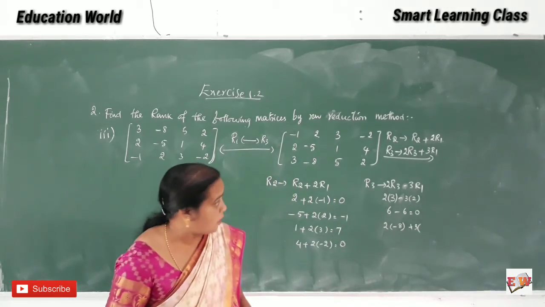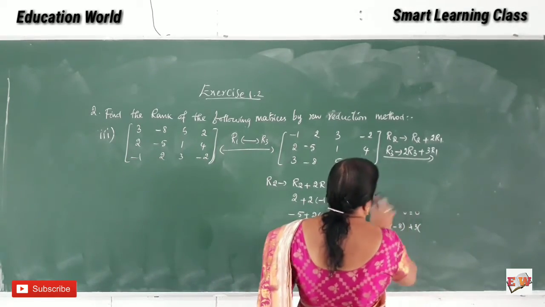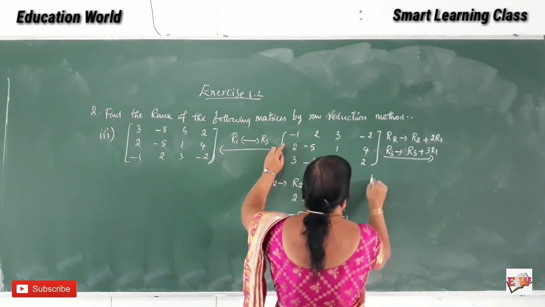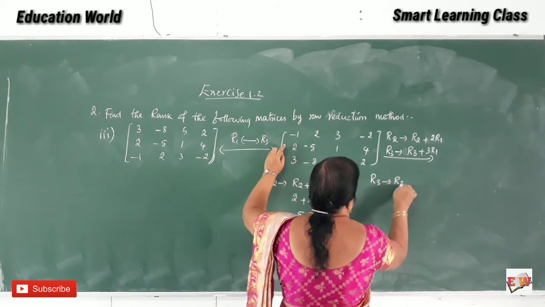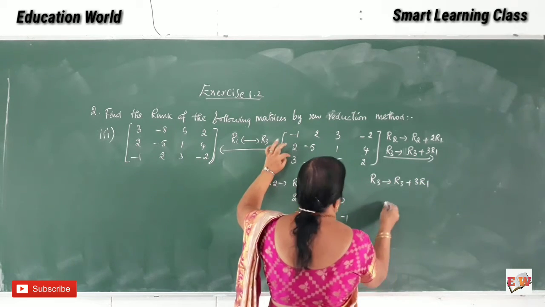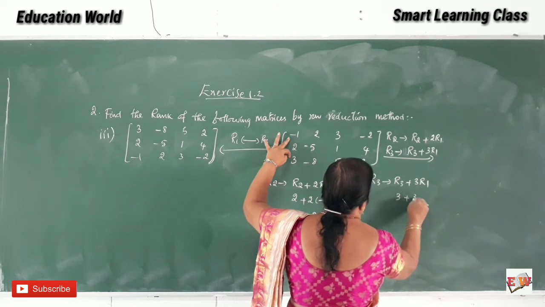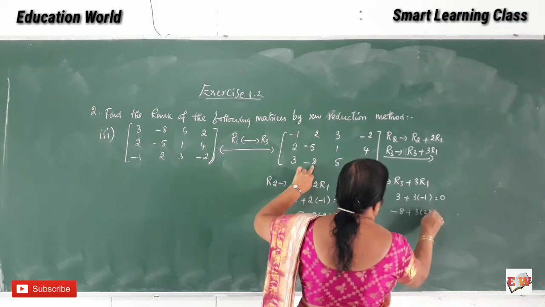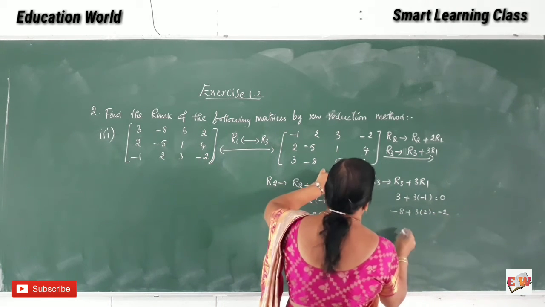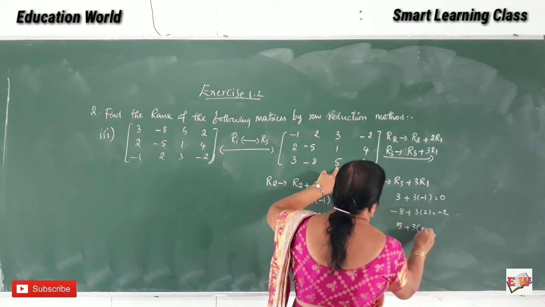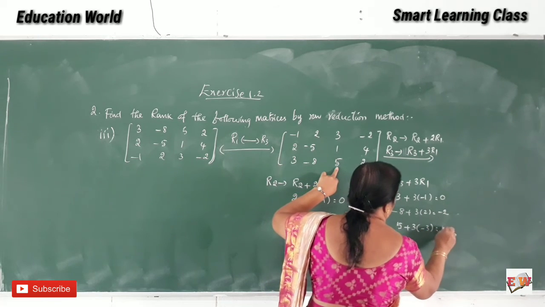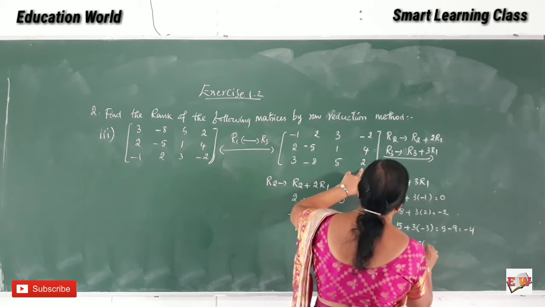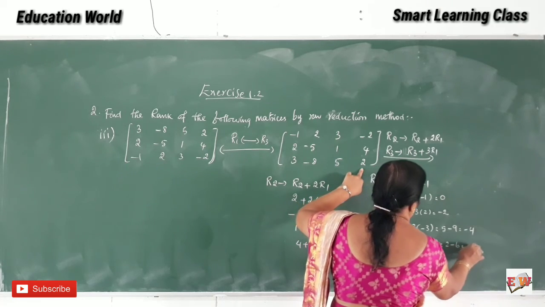Sorry, it is R1 only here. Only with the R1. If we are taking R2 we have to multiply by 2. And here R1: 3 plus 3 into minus 1, 0. Minus 8 plus 3 into 2 is equal to minus 2. 5 plus 3 into minus 3, 5 minus 9, minus 4. 2 plus 3 into minus 2, 2 minus 6, minus 4.